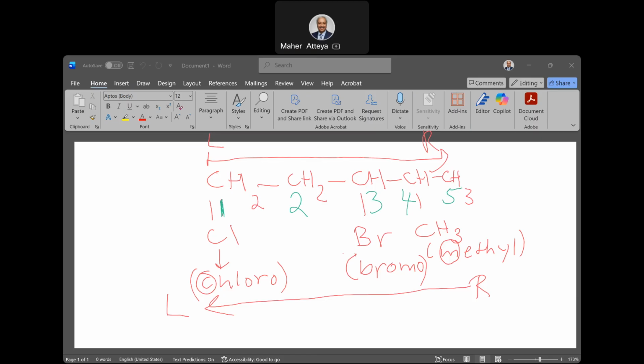So we have 5. Carbon 5 is pent, and single bonded, pentane.